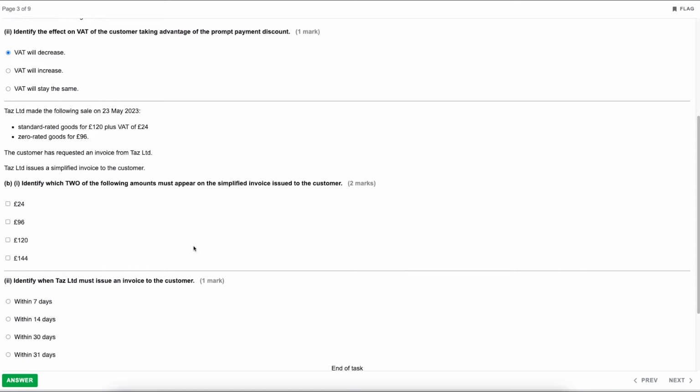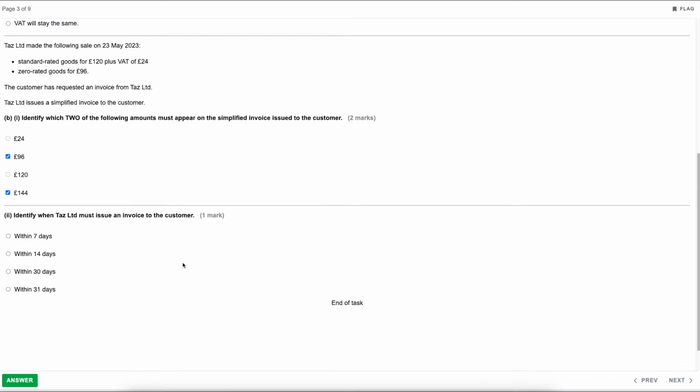For the standard rate, it would be 120 plus VAT of 24, therefore we need to show the 144. And for zero rated, obviously zero VAT, so it would also be the 96. Again, that is given to you within the reference material, so you do have that to hand if you need it for your exam.